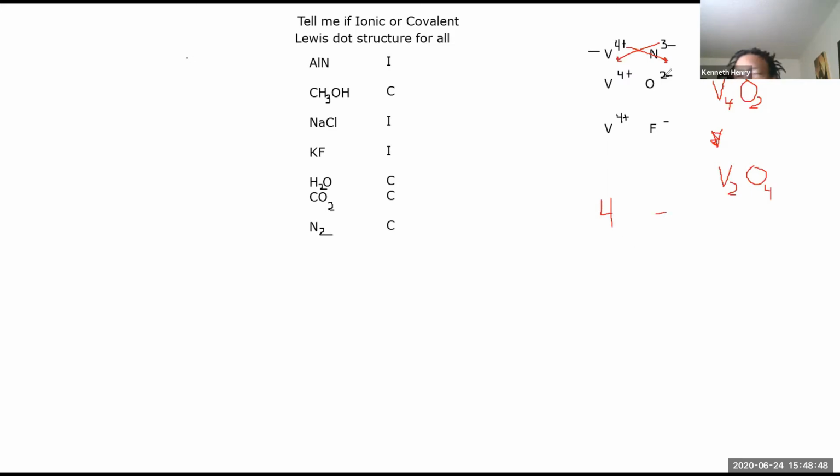So even though we say 2 minus, let's just say -2. So you're saying 4 times 4 plus -2 times 2 equals 0.